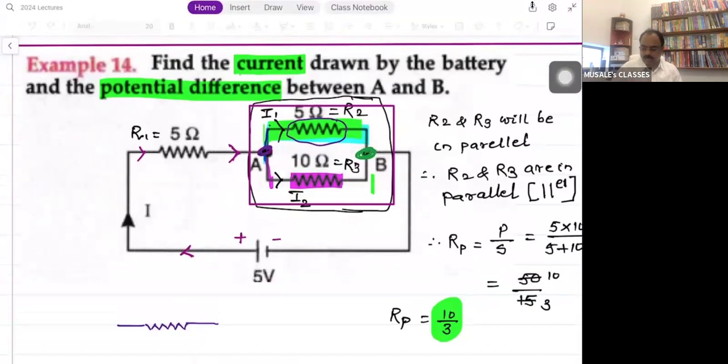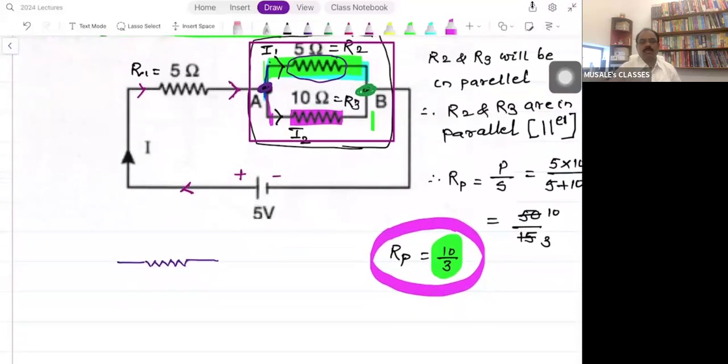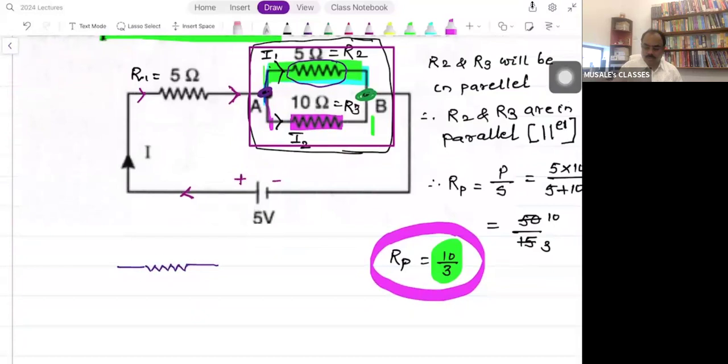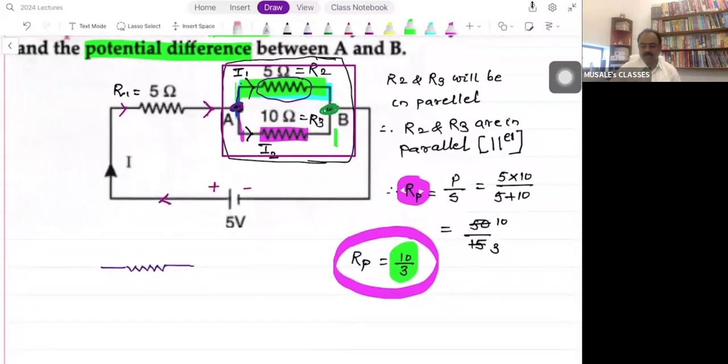So how much is the resistance? It is 10/3. Formula you already know. Equivalent resistance RP is equal to product upon sum. Product means 5 into 10. कारण एक 5 आहे, दुसरं 10 आहे. Divided by sum, that is 5 plus 10.